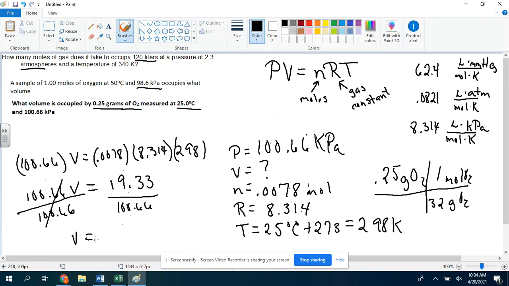So V equals 19.33 divided by 100.66. 0.19 liters. Volume is always in liters. Don't forget. All right. I know these last two problems I was dividing away this time both times, but remember in that first one we were solving for moles, and so I divided over this way. Just remember, you always divide away from your unknown, whichever way it is. Okay. All right.